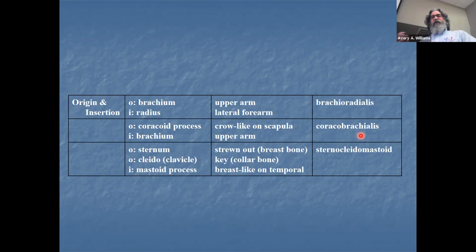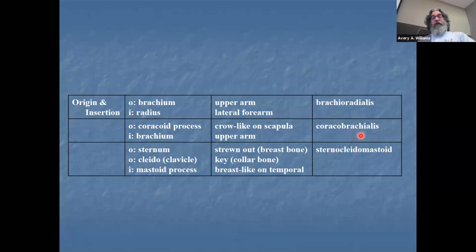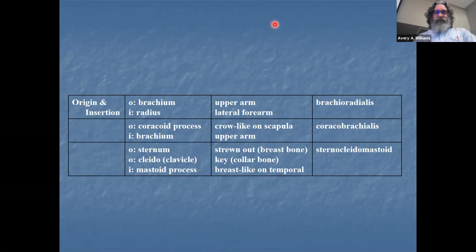So what's the 3rd bone? Well, the 3rd bone is actually called the coracoid. That's what you'd have in a reptile shoulder girdle. Well, in mammals, the coracoid fuses with the scapula, and it's still there. It's just referred to as a process now.